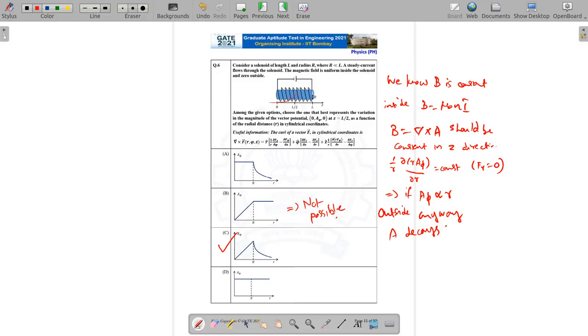You are moving from here to here like that. You are moving outside the solenoid. What will be the variation of A phi?